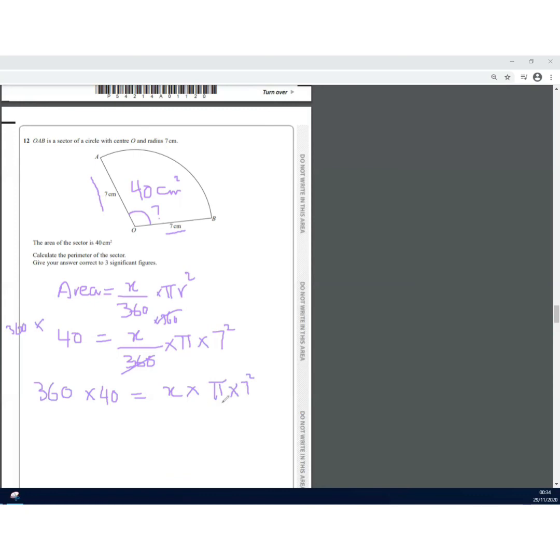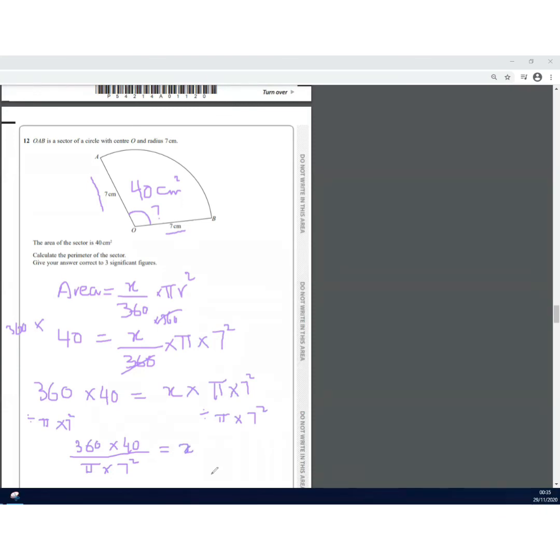And therefore, we can divide both sides by pi and 7 squared to find x. So the equation would look like 360 times 40 divided by pi times 7 squared is equal to x.